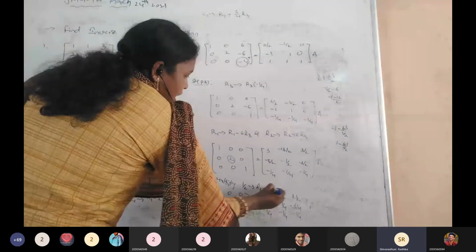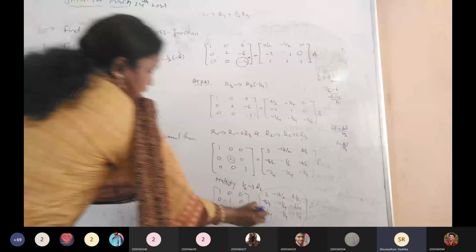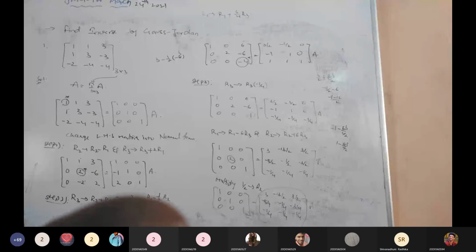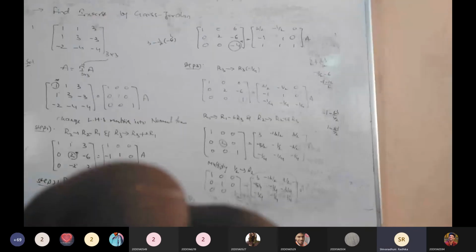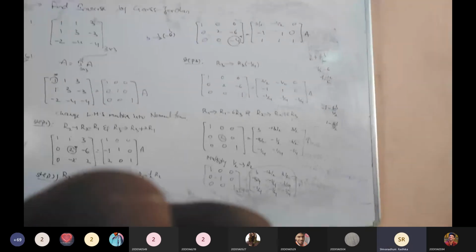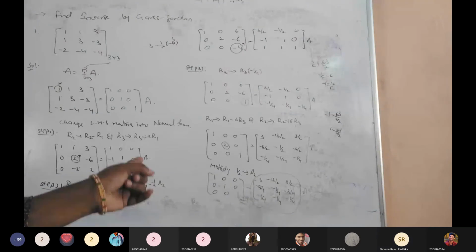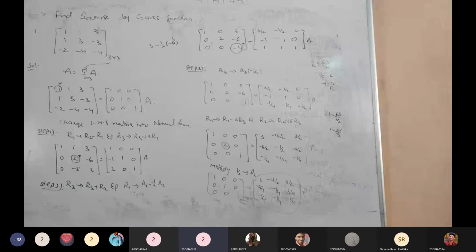This matrix is the inverse of the given matrix. Is it clear? Write down. Is the whole problem visible, ma'am? See, the total problem is visible. Okay, write down.